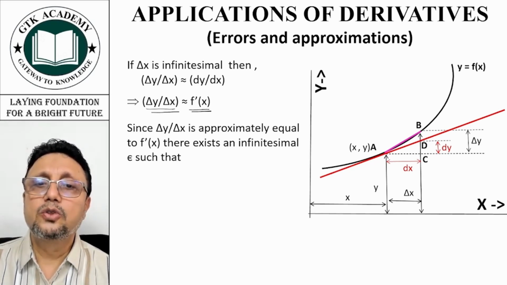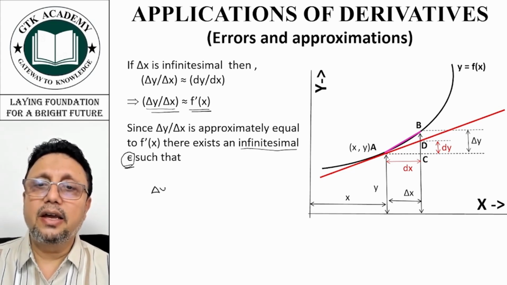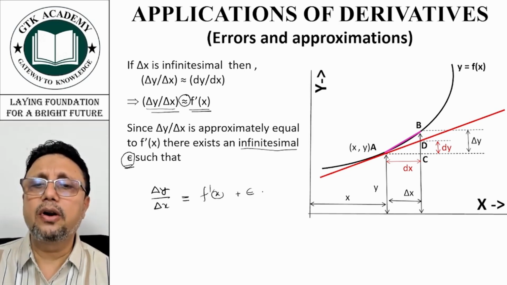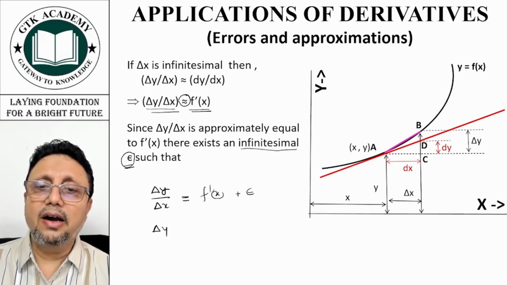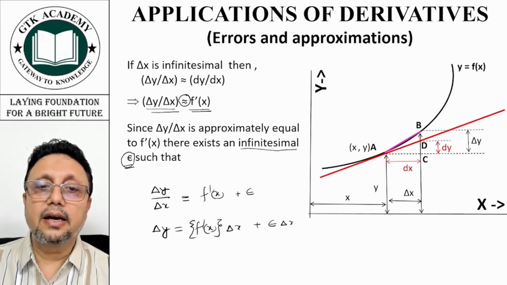So we are telling there exists again one more infinitesimal, which we are denoting by epsilon, such that delta y upon delta x is equal to, if we replace nearly equal to with equal to, f dash x plus that epsilon. There will be a very small difference. That means delta y is equal to f dash x into delta x plus epsilon into delta x.